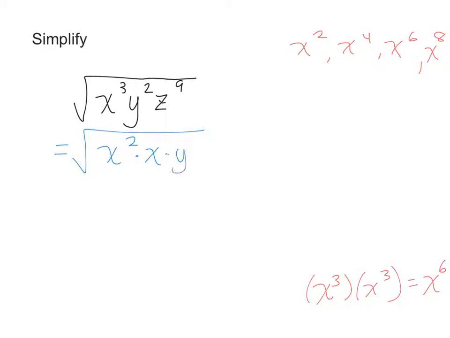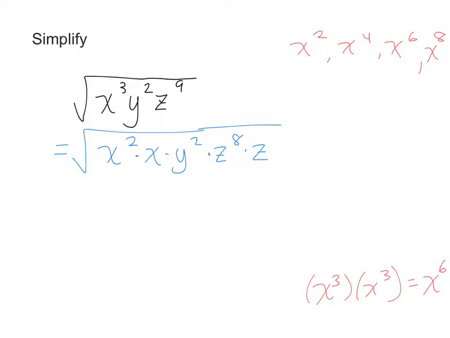So is z to the power of 9 a perfect square? Not a perfect square. 9 is a perfect square, but z to the power of 9 is not a perfect square. So what's the largest perfect square factor of z to the power of 9? Z to the power of 8, right. Because this is z to the power of 8 times z. Basically, you see the pattern?